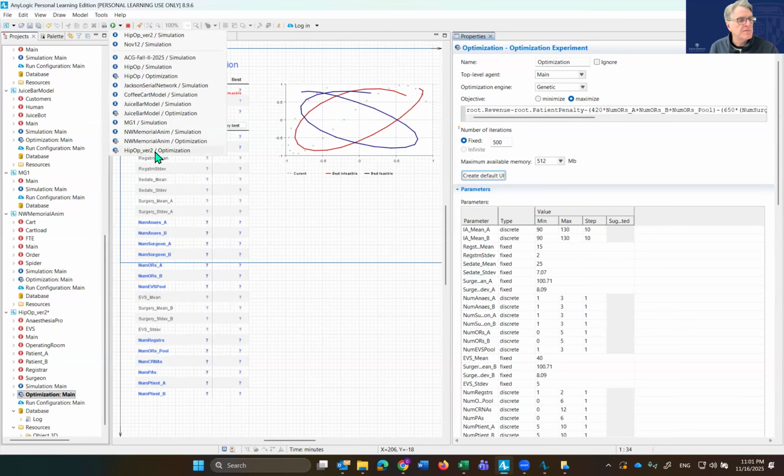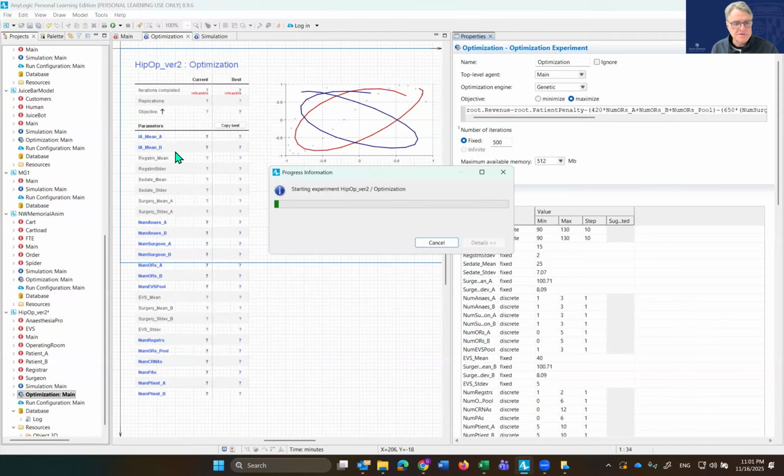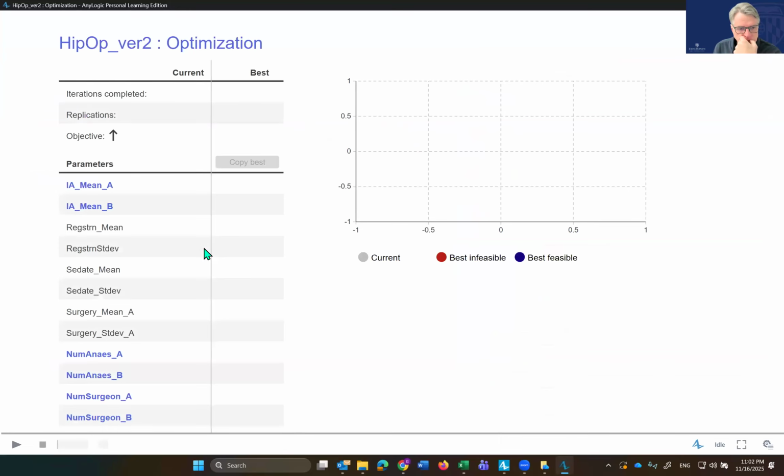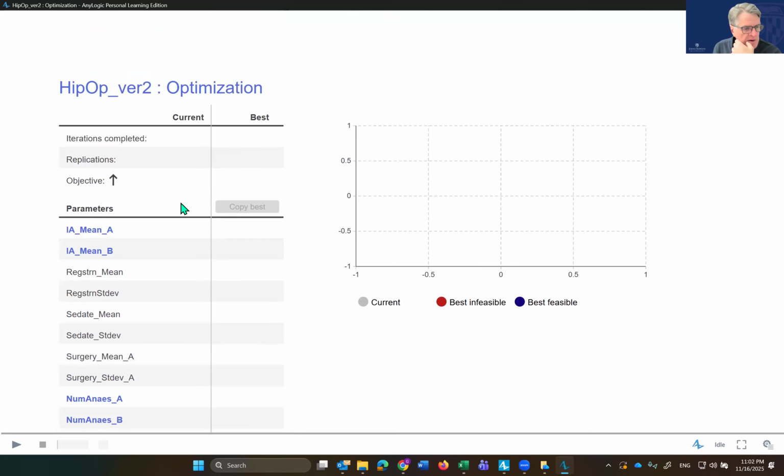So you can see I have HipHopBERT2 optimization. Let's see if it runs here. Okay, so these are the values that it's going to run in the current iteration.